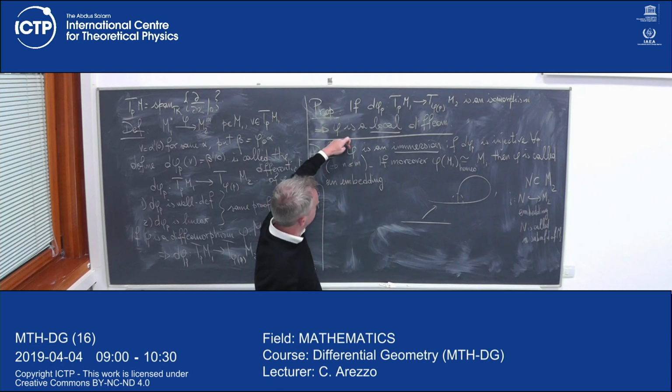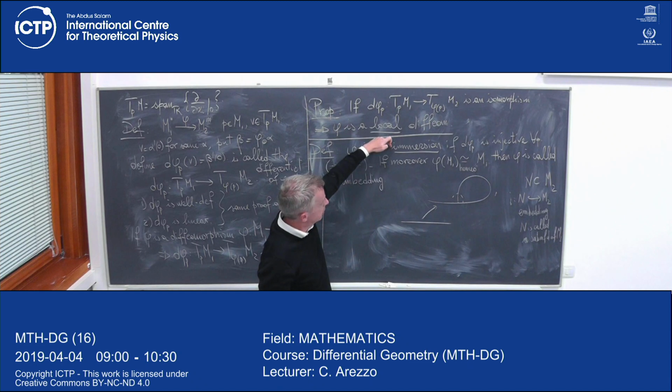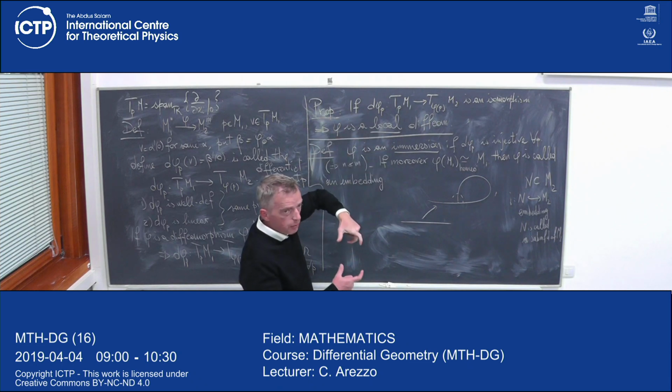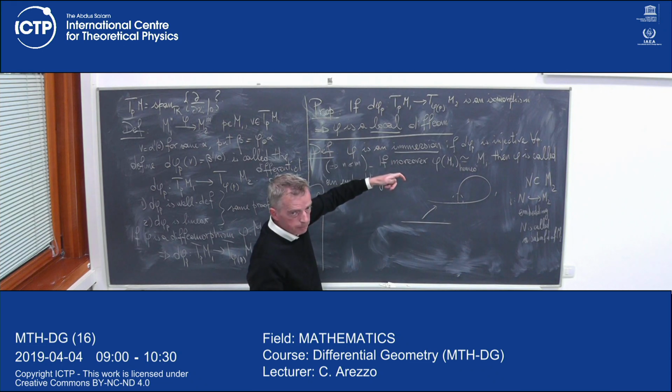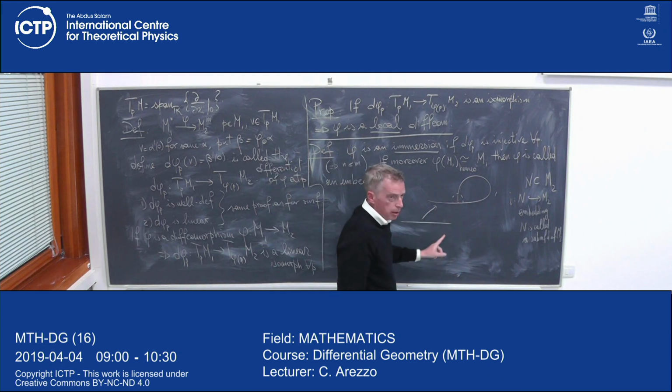If I restrict phi, if I know it's an immersion, and I restrict it to a sufficiently small neighborhood of a point, it becomes an embedding. For example, think of this situation.